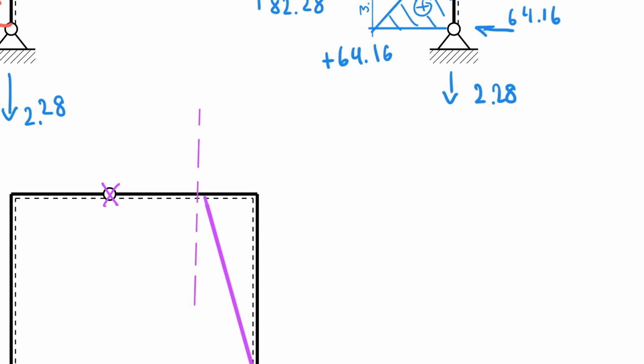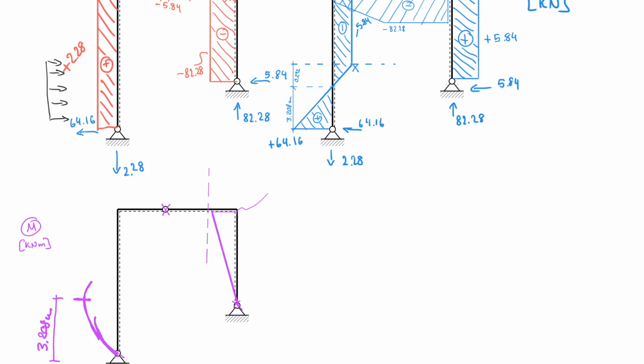And I'm going to zoom in to complete this. And what is the ultimate value at the corner? The value at the corner is effectively the support reaction, which is 5.84 multiplied by the length, which that length is 3.5, if I'm not mistaken.